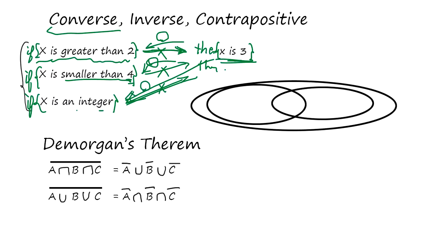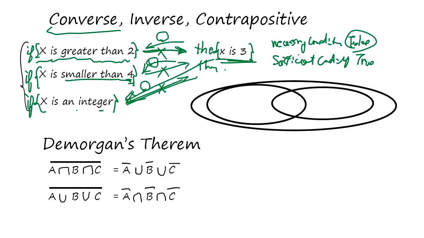So you have a relationship here: the necessary condition is false, the sufficient condition is true. So the converse of a necessary condition is a sufficient condition.